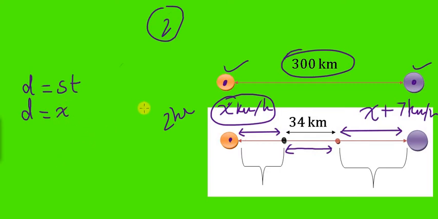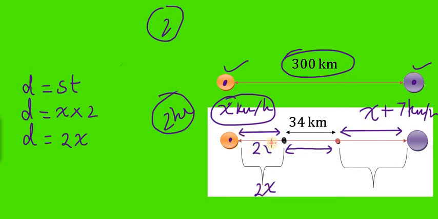So for how much time did he travel at that speed of x kilometer per hour? That is 2 hours, isn't it? So x into 2. So the distance he covered would be 2 into x, that is 2x. So the distance covered by this motorcyclist who has a speed of x kilometer per hour is nothing but 2x. So this distance is nothing but 2x.